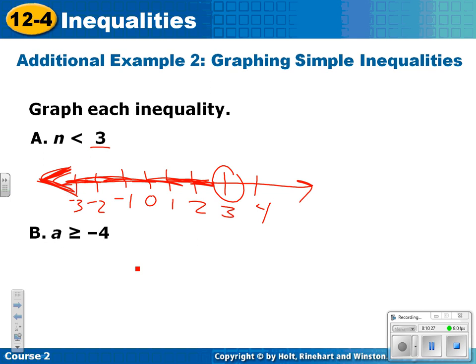What I want you to do, don't get too busy coloring all this stuff because you're going to burn up my markers. But try the next one, and then hold your whiteboards up and show me.